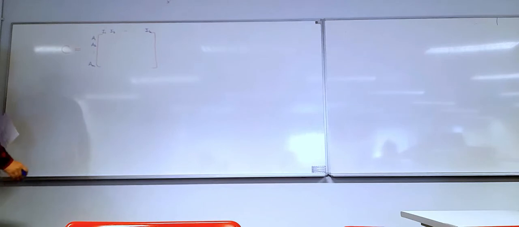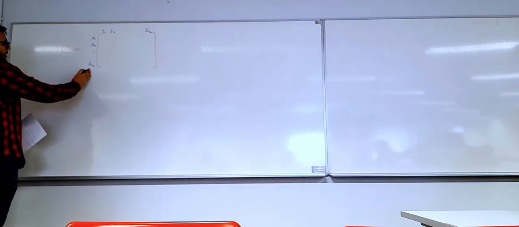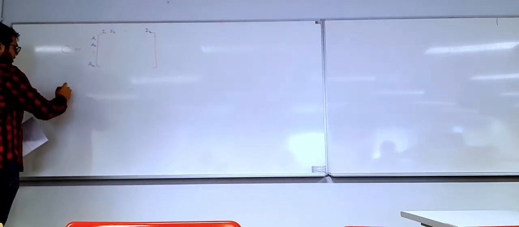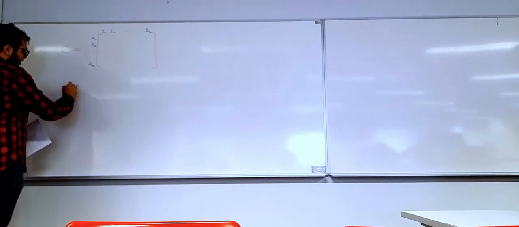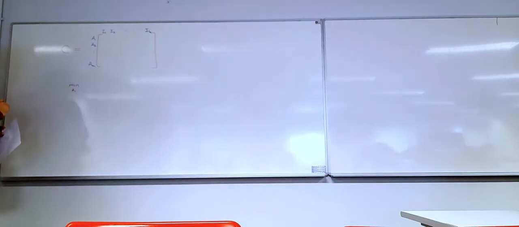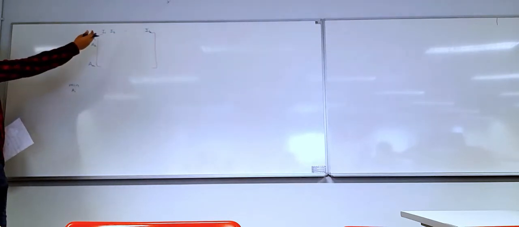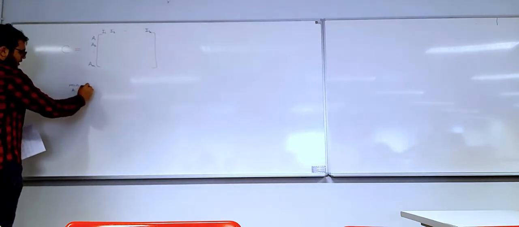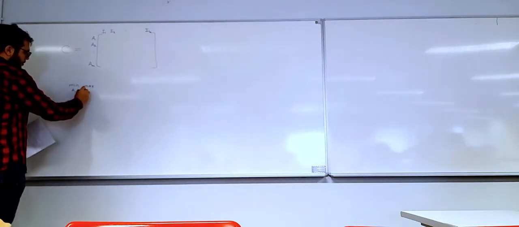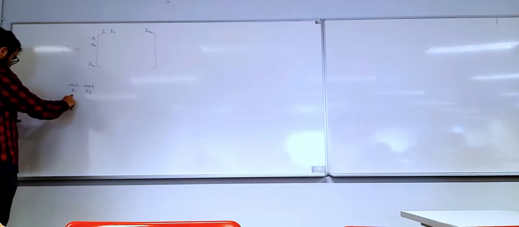We saw that if we let the algorithm player choose first, then that player can choose the algorithm that minimizes the cost. But what is the cost? The next player, the one choosing the input, knows which algorithm has been chosen, so they choose the worst possible input for that particular algorithm.